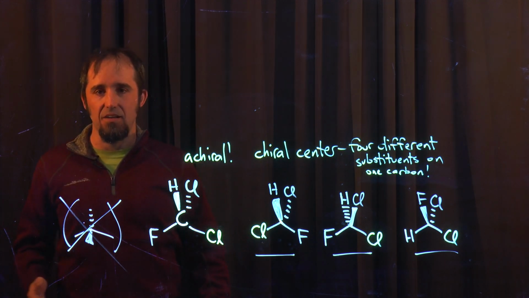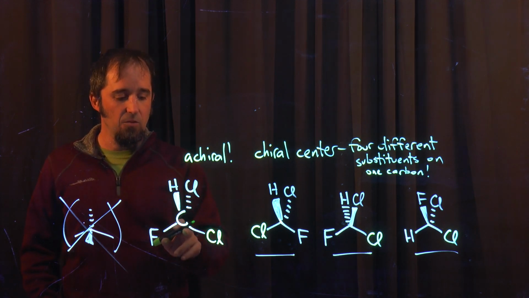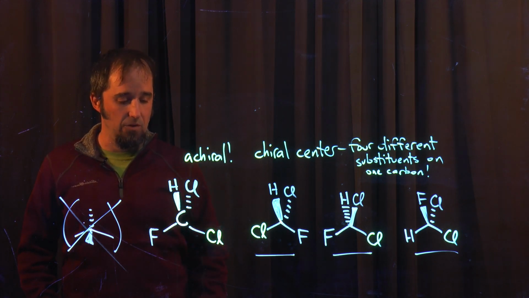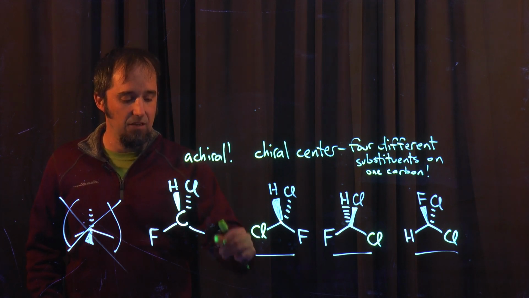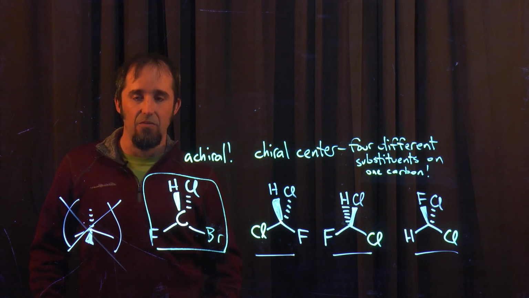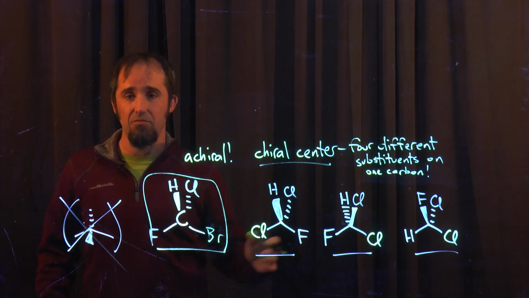Yes, there is chirality at other elements, but for now we'll focus on carbon. And so here, there are only 3 different things, H, F, and Cl, on the one carbon. So this is not a chiral center. But if I went back and put a bromine here, now there would be 4 different substituents on that compound, and so that would be a chiral center and would have an enantiomer.